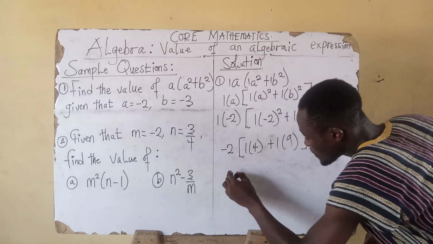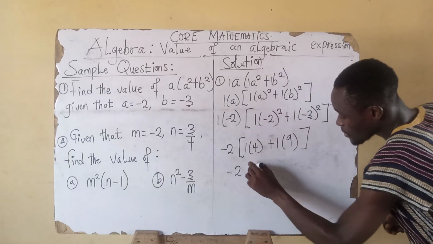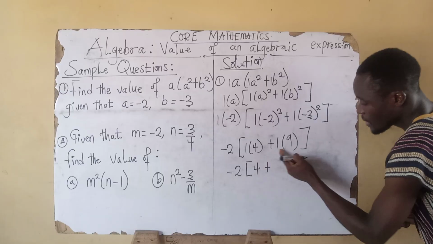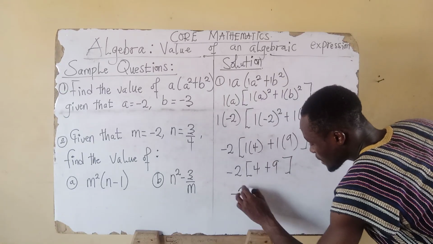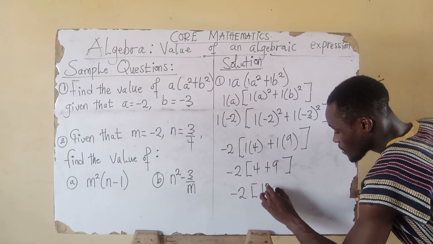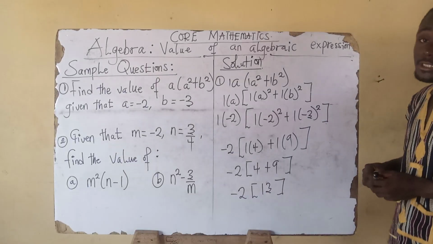So I have negative 2 in a bracket. This one will multiply, I'm going to get 4 plus this will multiply it, I'm going to get what? 9. So I'm going to get negative 2 in a bracket, what? 13. Are we good? Very good.